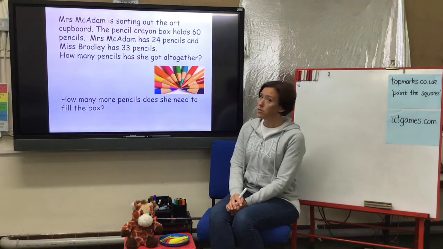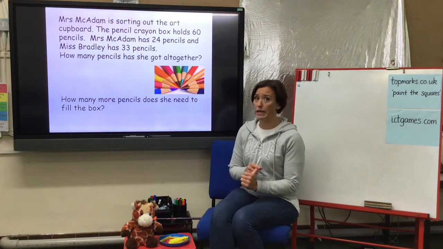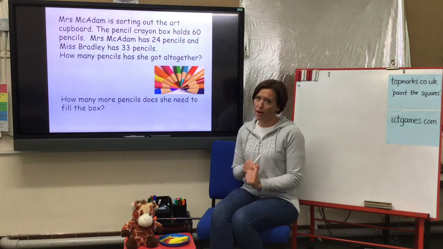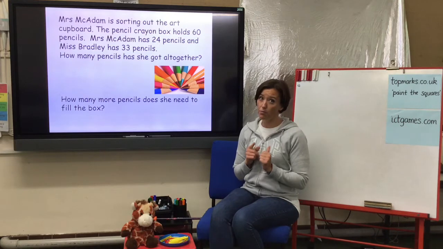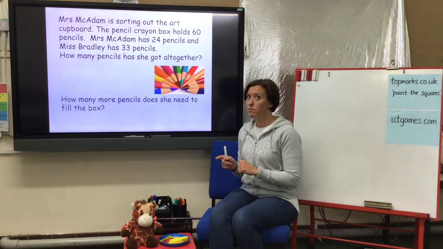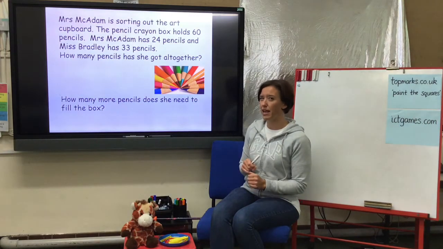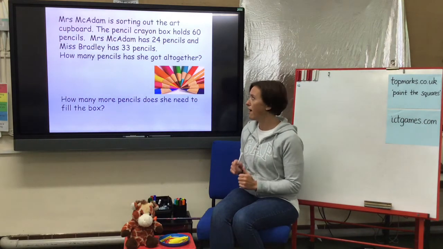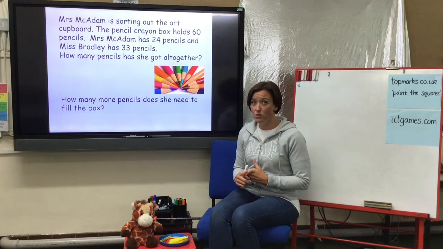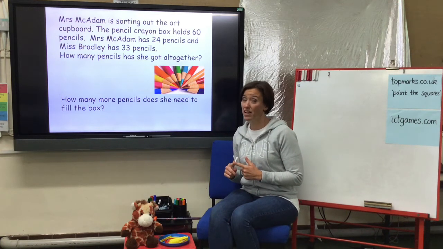Okay, so have a little think about that. Remember our checklist. Which numbers do I need to use? Now be very careful with this and read the problem properly, because there are actually more numbers in there than you're going to use in your calculation first of all. So think carefully about it. What operation are you going to use? Okay, so look carefully to see what calculation you need to do.